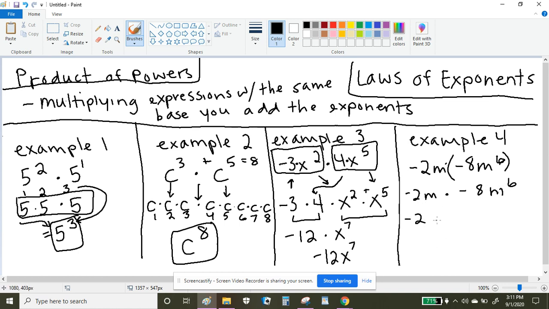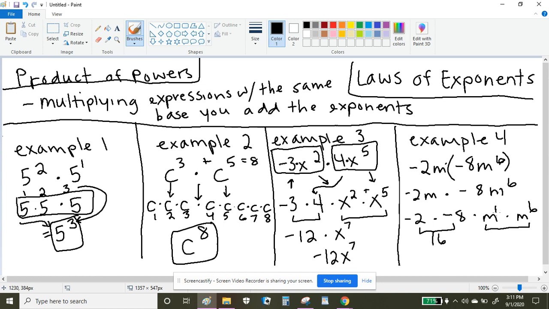So it would be negative 2 times negative 8 times m to the 6th. So now we can just combine these two together. They're both numbers, so we can perform this operation. So a negative times a negative becomes positive, and then 2 times 8 becomes 16. So we got a positive 16 there.